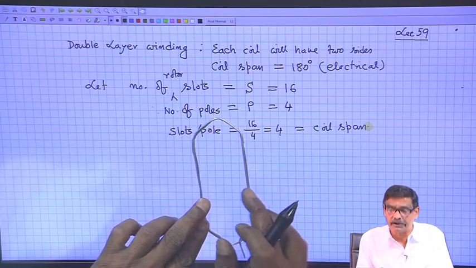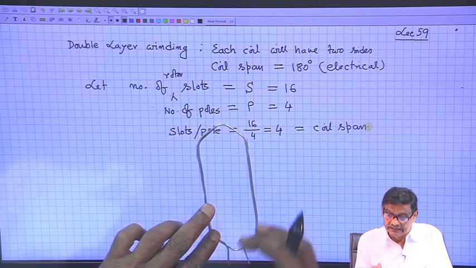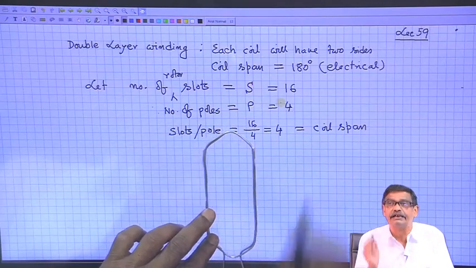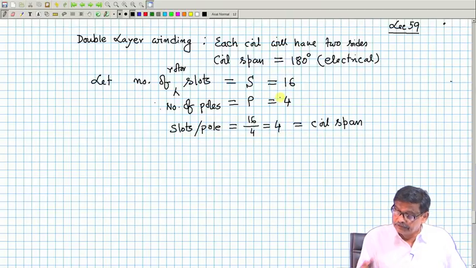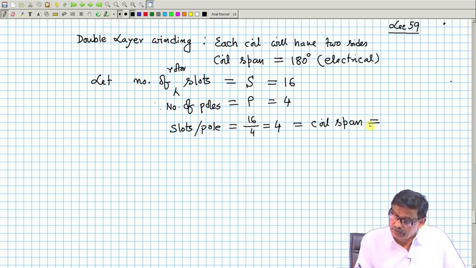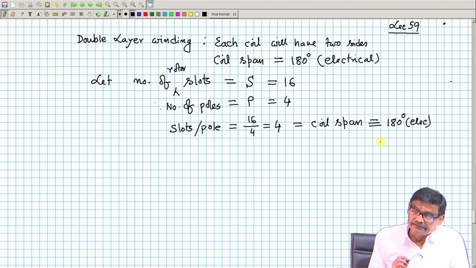They will be numbered. Take the difference of these two numbers, and that has to be equal to 4 in this case. So, this is coil span, and this is equivalent to 180 degree electrical, or in this case 90 degree mechanical.